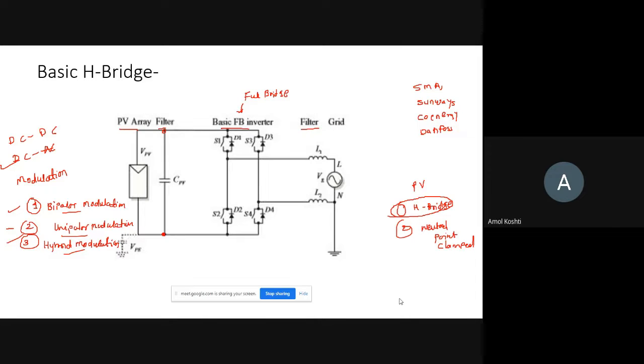As far as the conventional DC to DC converters are concerned, which we learned in the third year of the BTech or BE course, we have not used the bridge topology for DC to DC. But if we refer to the advanced structures of the DC to DC converter, then the bridge type of topology is also used there.